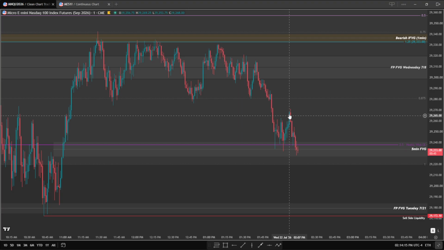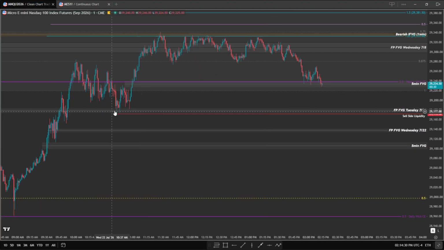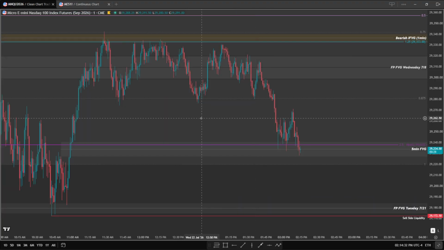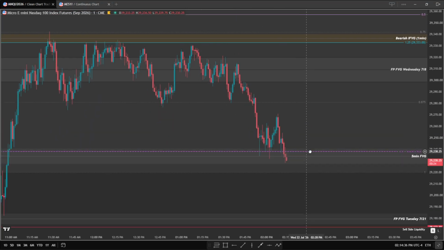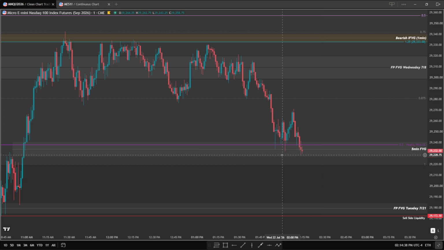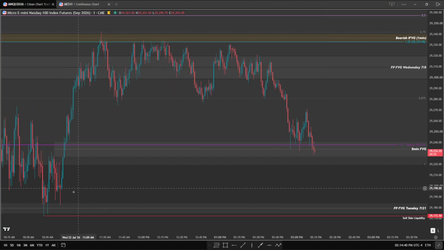I mean, technically, this is a continuation, but for whatever reason, I just don't feel comfortable getting in these continuation moves. This is a nice little move down. But again, we're trapped in between liquidity pools, and so who knows which one they're going to take first. So it's not horrible. I'm not taking this or anything, but I don't know.